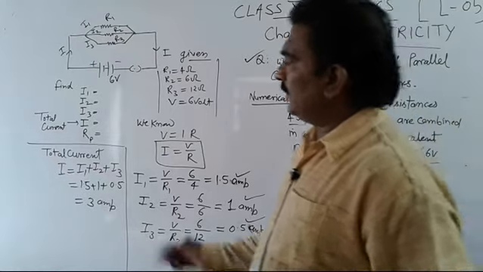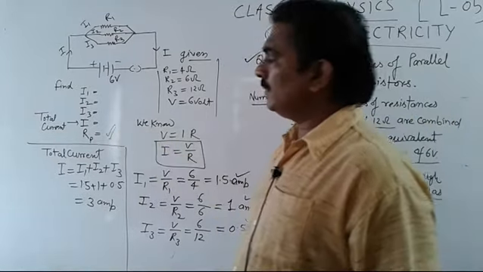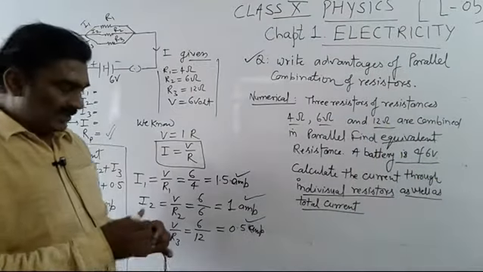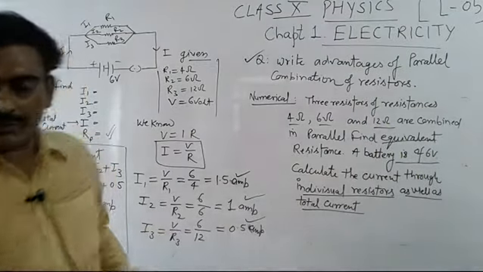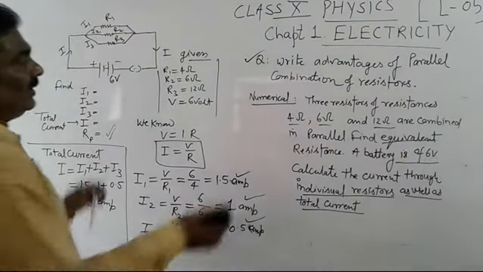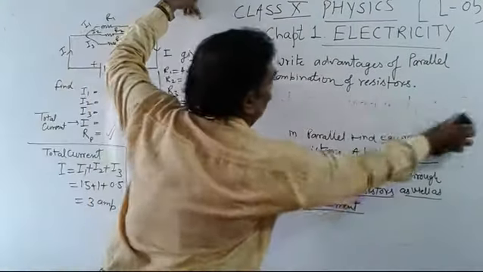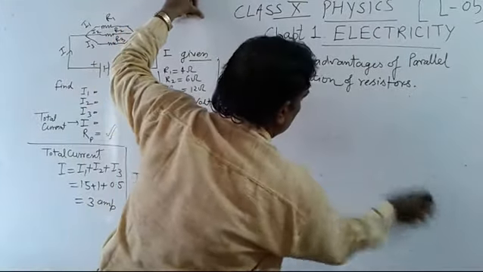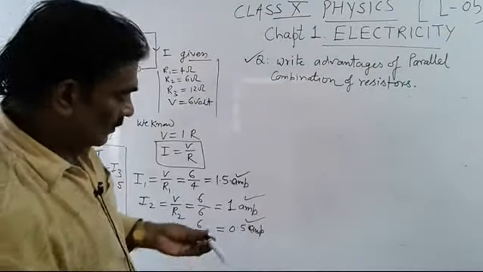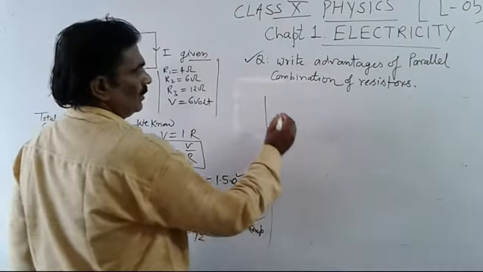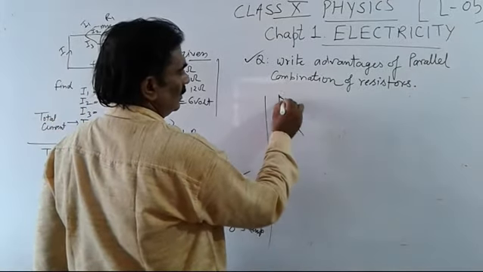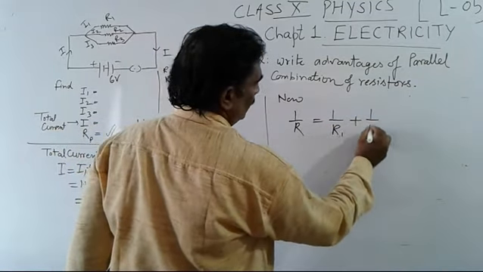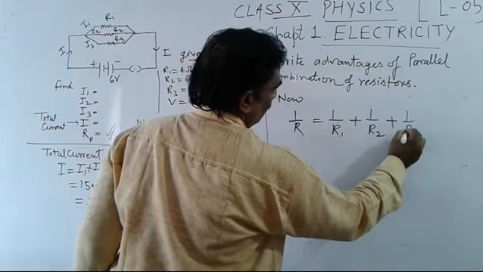The last one is to find total resistance in case of parallel combination. So you know students, if you want to find total resistance in this case, you will use the formula 1 upon R is equal to 1 upon R1 plus 1 upon R2 plus 1 upon R3.